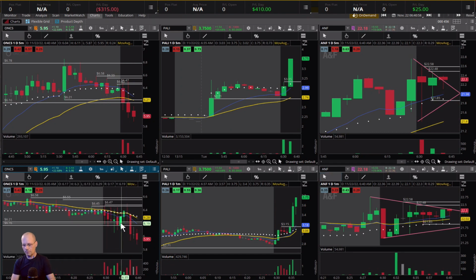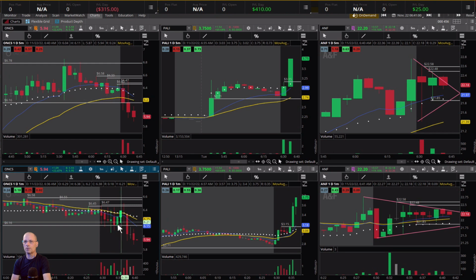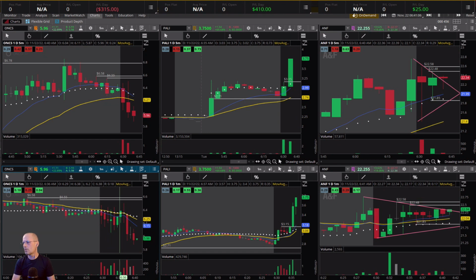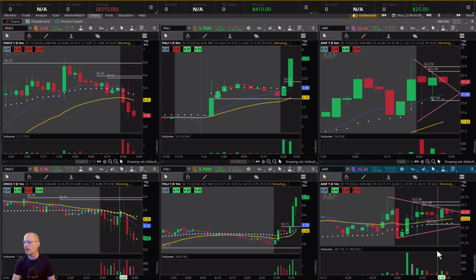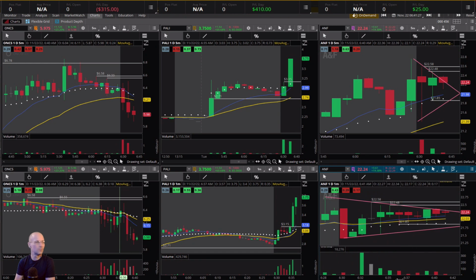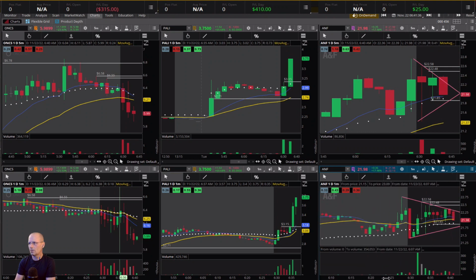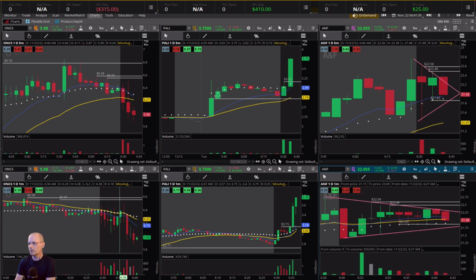Wouldn't be surprised now to see a downtrend established on ONCS on the 1-minute time frame. Taking a while for ANF to do its thing, but we'll see if it does. So bears giving it a try here.